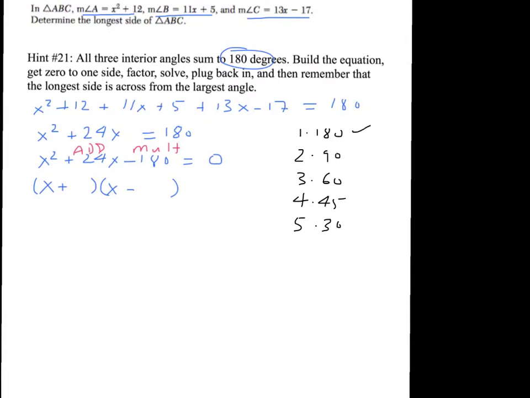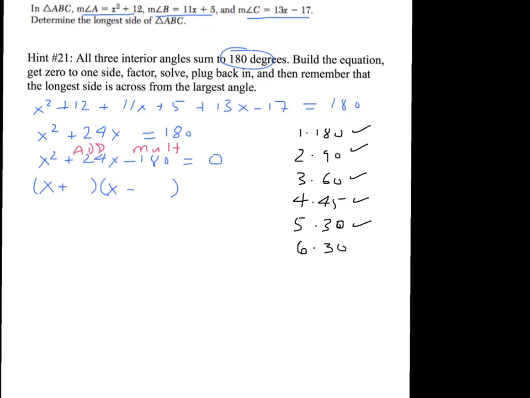So far, do any of these add up to make 24? Nope. Keep in mind one will be positive and one will be negative, so really they'll subtract to make 24. So I don't have it just yet.